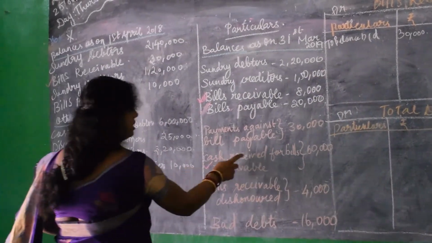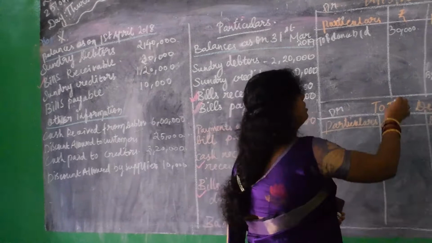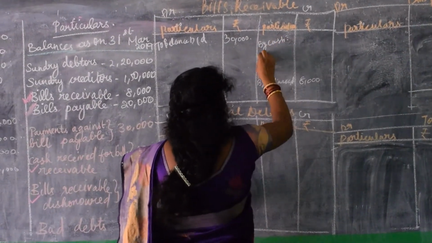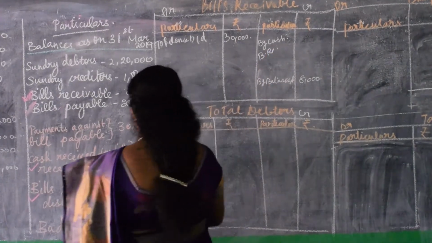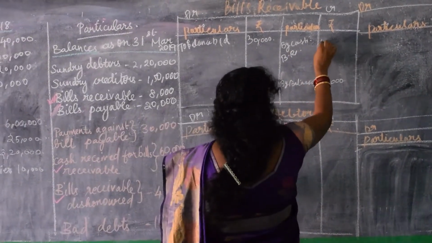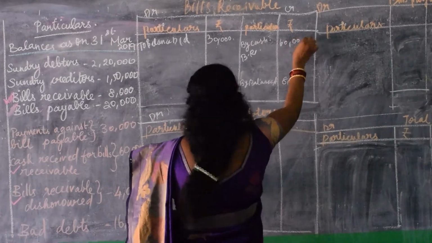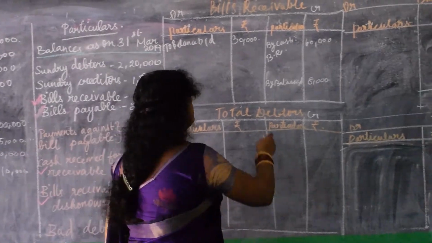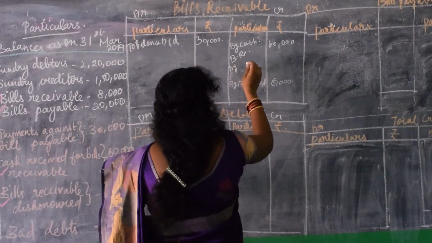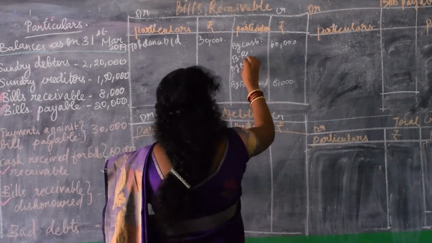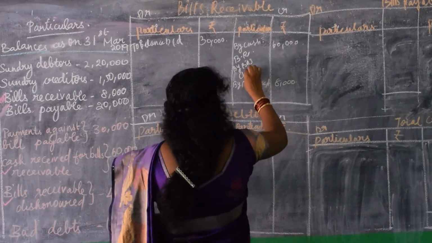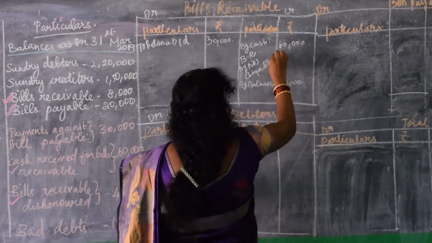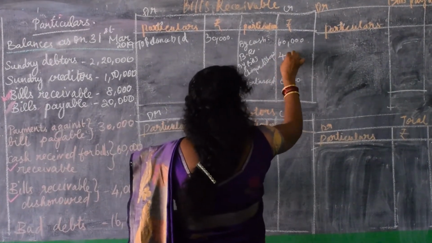Yes, cash received for bills receivable, by cash, I have written BR, bills receivable is 60,000. The next, bills receivable dishonored, that is cheque is dishonored, by bills cheque dishonored 4,000.